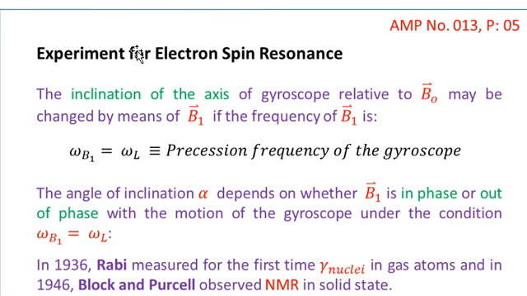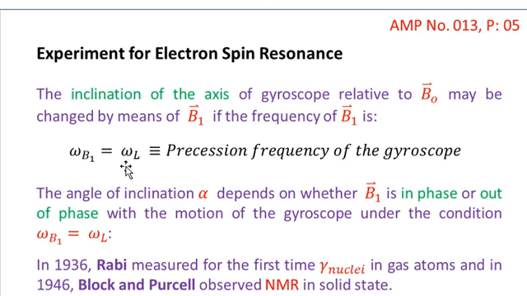So here I am going to describe the experiment for electron spin resonance. The inclination of the axis of the gyroscope relative to B naught may be changed by means of B1 if the frequency omega of the applied magnetic field B1 is equal to the precessional frequency of the gyroscope.